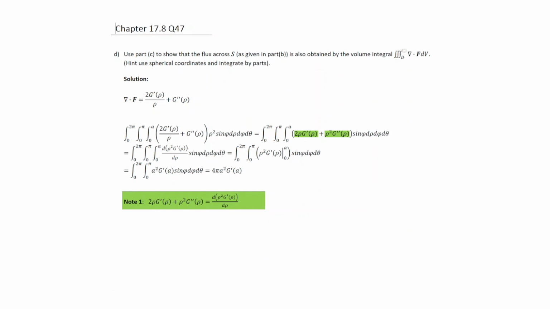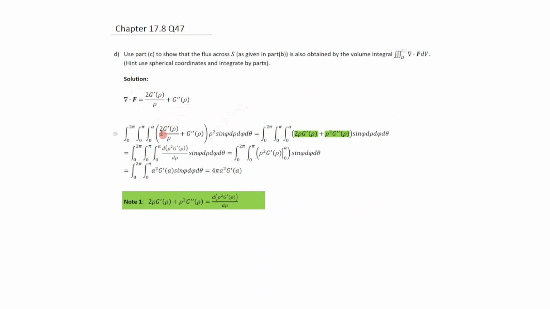By all means, use integration by parts on the full expression, and we'll mention that as we walk through the solution. If you compute the divergence of F, this is 2 times the derivative of g with respect to rho divided by rho, plus the second derivative of g with respect to rho. That's basically just taking the derivative. We take the divergence of F and substitute it into the triple integral.